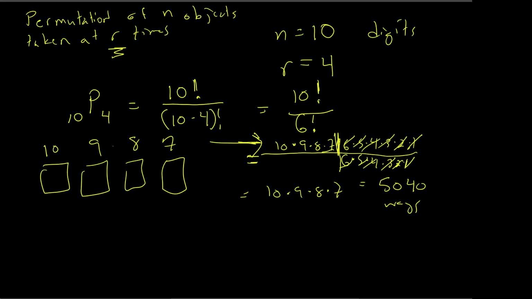The formula is how many things I have total and how many of them I'm picking. And so we get n factorial over n minus r factorial. And this is a common way of choosing arrangements of items.